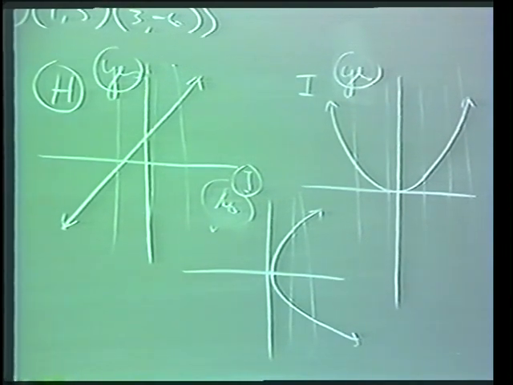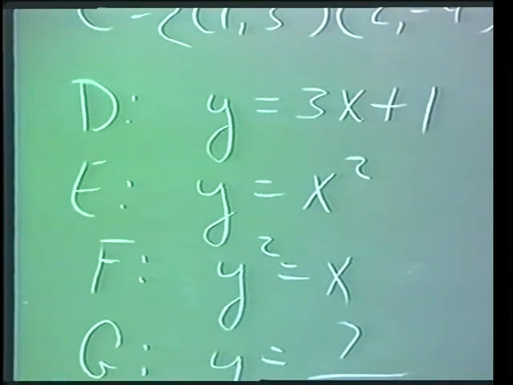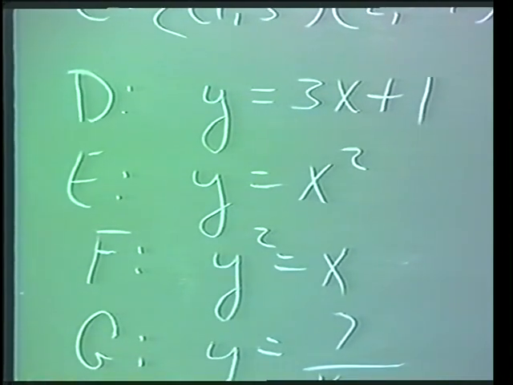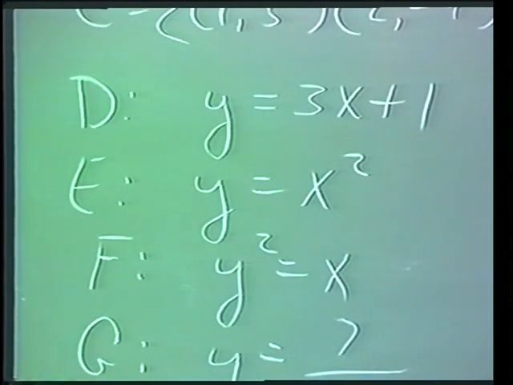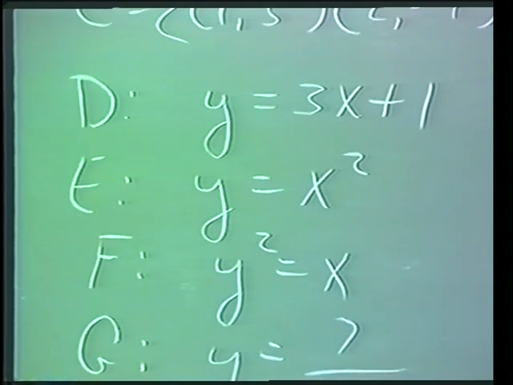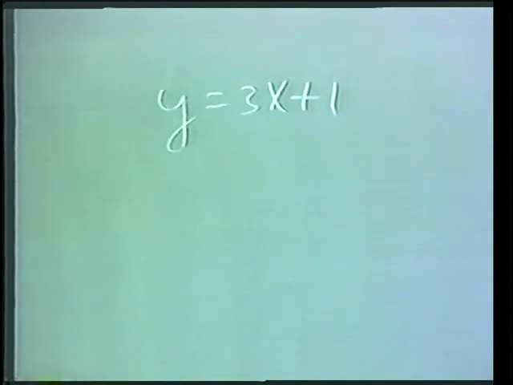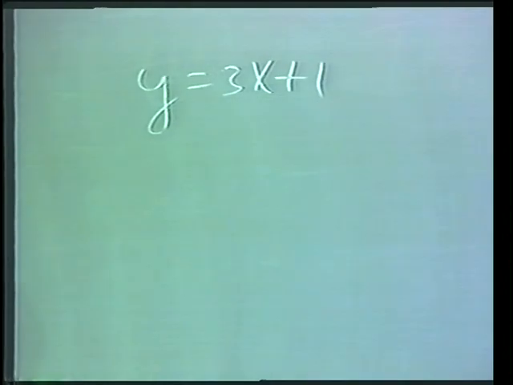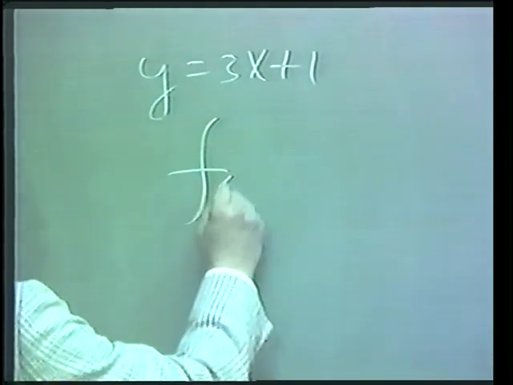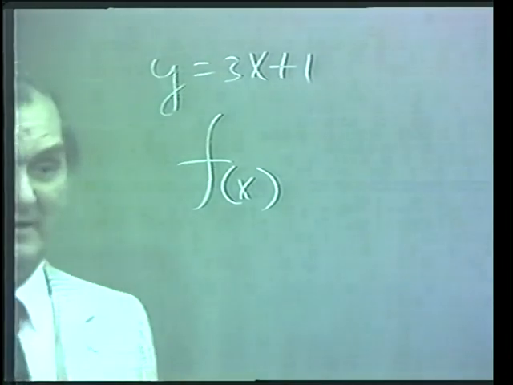Now you said that D is a function. Y is equal to 3x plus 1 is a function. What does the value of this function depend upon? X. The value of x. So we say, hey, we have a function whose value depends upon x. And the way we symbolize it, we write it as f of x. We read this as f of x.